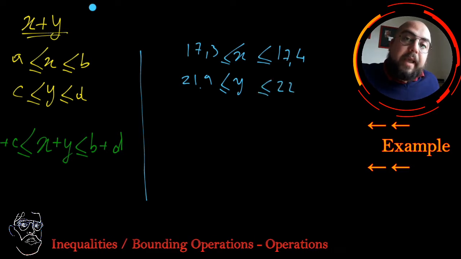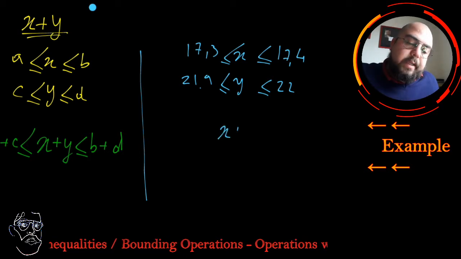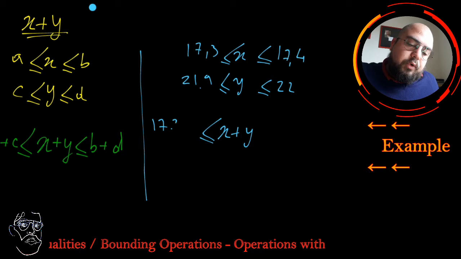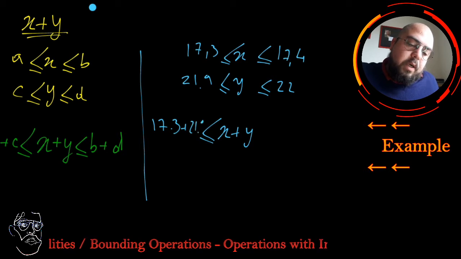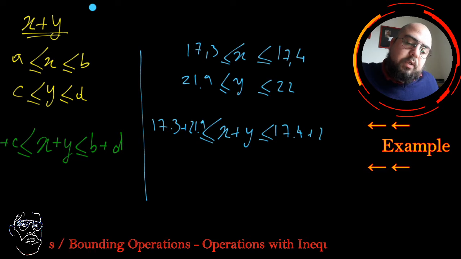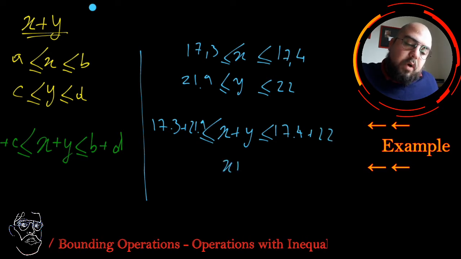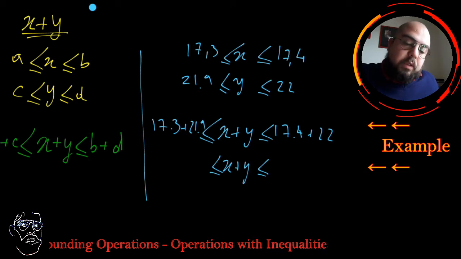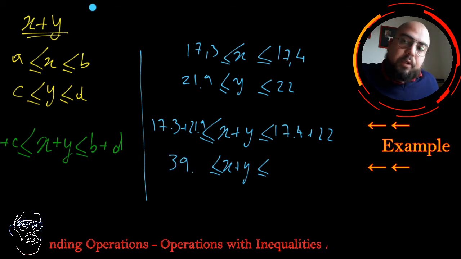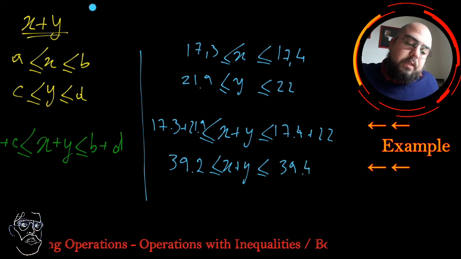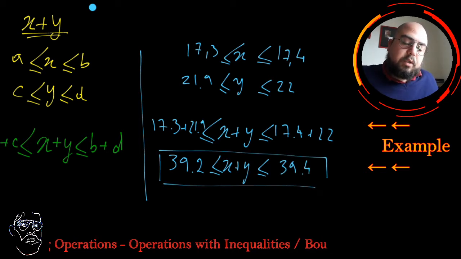So whenever I'm going to calculate x plus y, it will be between 17.3 plus 21.9 and 17.4 plus 22. So x plus y is going to be a certain value between 39.2 and 39.4. So this is how you do the addition.